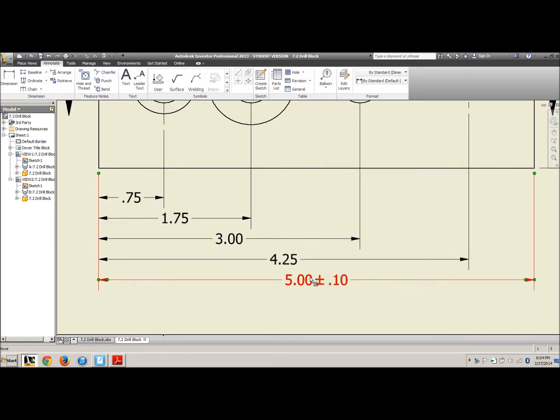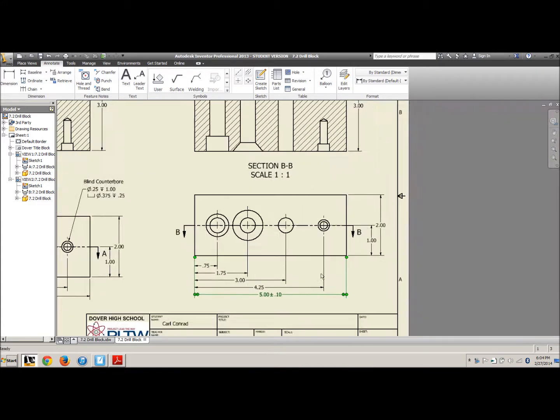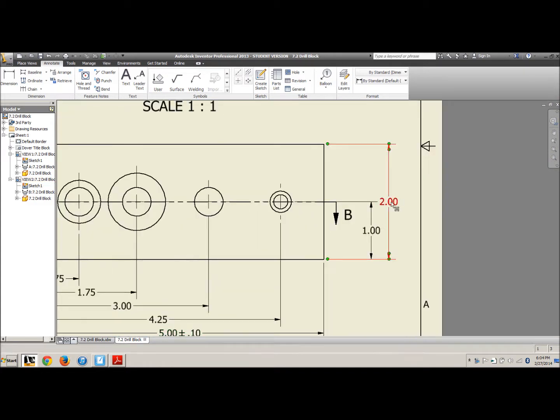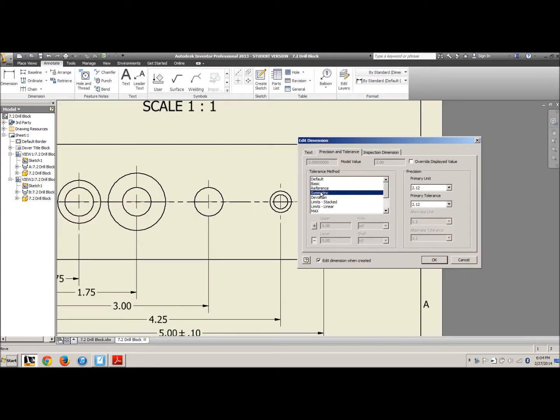So that's 5 plus or minus 1/10 of an inch for the overall width. Again, that's symmetric, 1/10 of an inch.